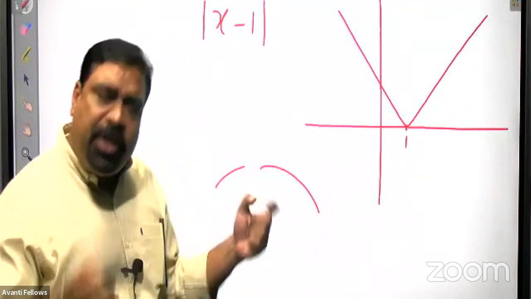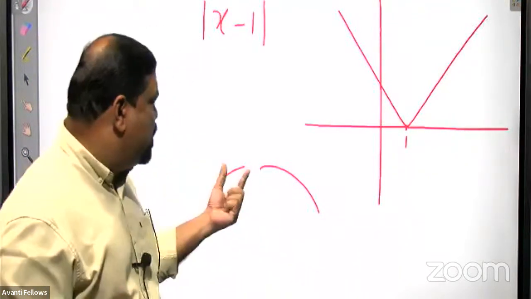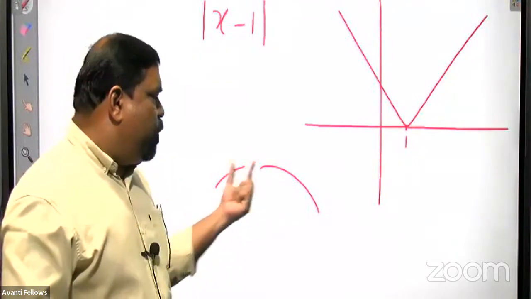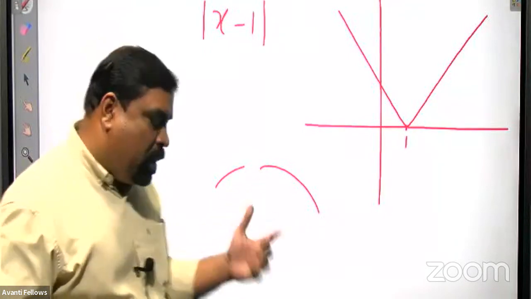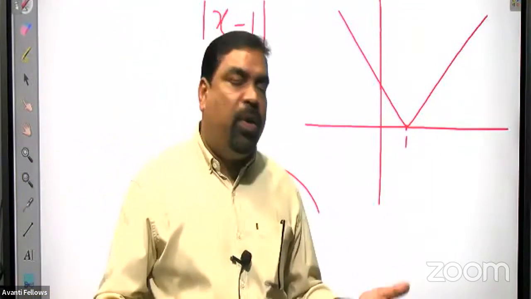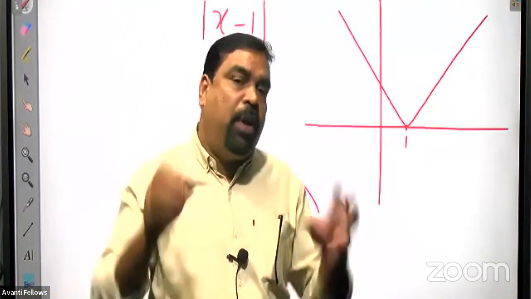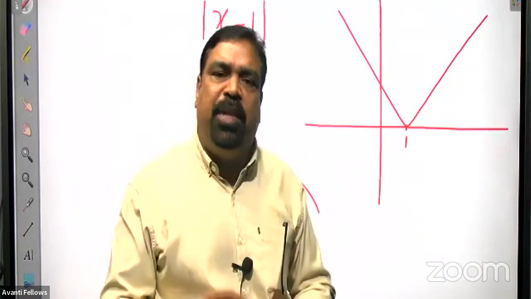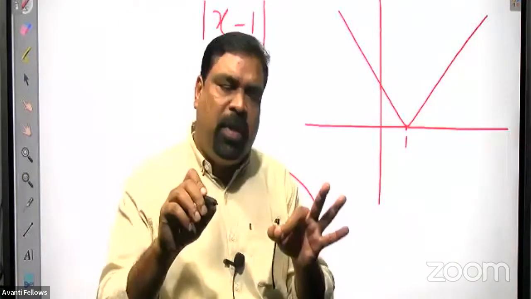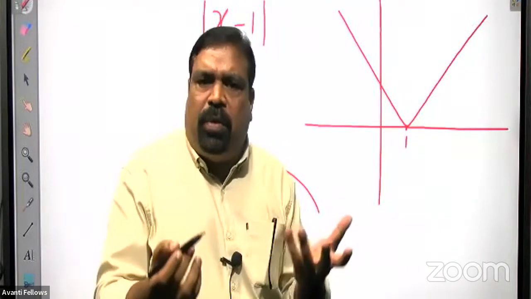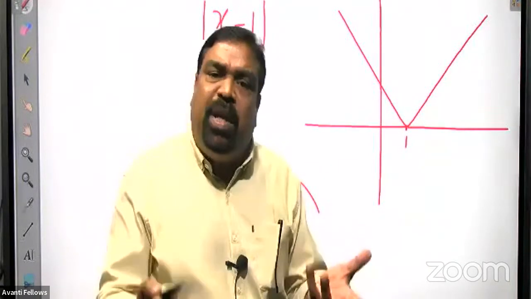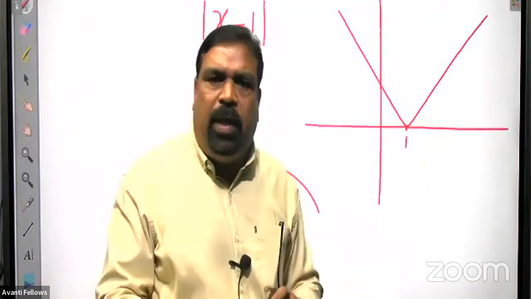And also it is not differentiable, because at the end points where there is a break, we cannot draw a unique tangent. Geometrically, at that breaking point there does not exist a unique tangent.